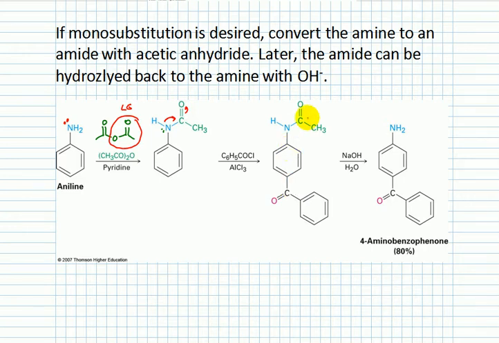That would be great if we wanted the amide, but in case we still wanted that amine, we can just use hydroxide and hydrolyze that amide. OH minus is the nucleophile. It ends up the whole rest of this molecule here is the leaving group, starting with the nitrogen on. So we get acetic acid off here, C double bond O, CH3.